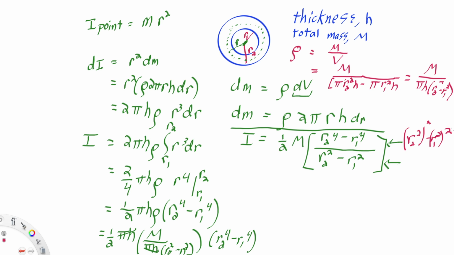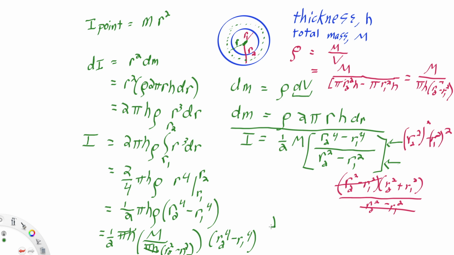Now that is the difference of two squares. So we can write it as r2 squared minus r1 squared times r2 squared plus r1 squared, over r2 squared minus r1 squared. And then we cancel out the whole denominator with this first piece here.